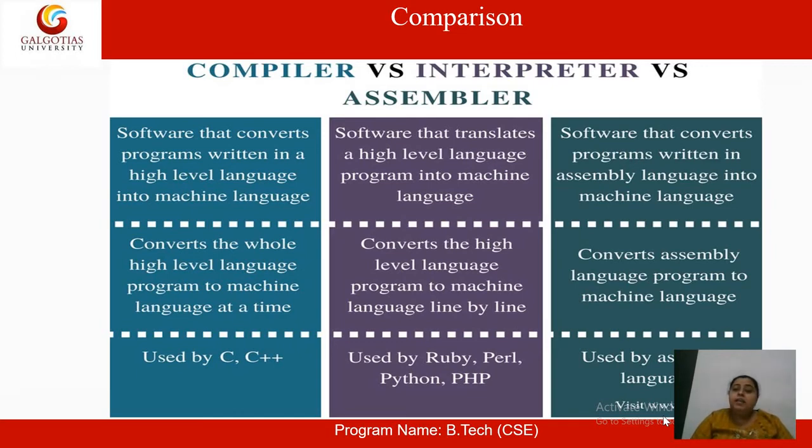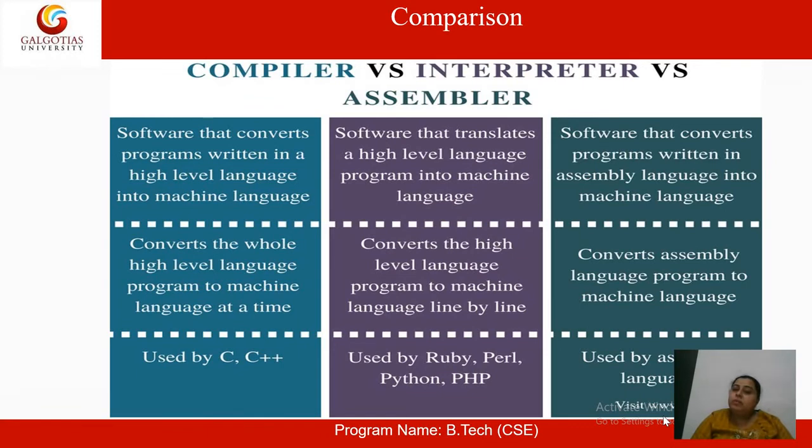A compiler converts the whole program at a time. An interpreter converts the program line by line and will stop wherever it gets the first error.